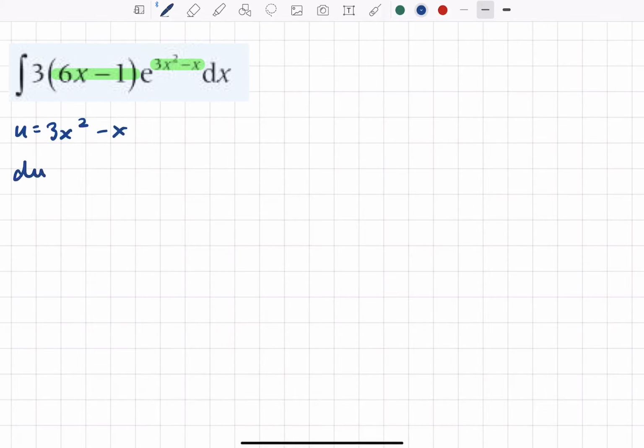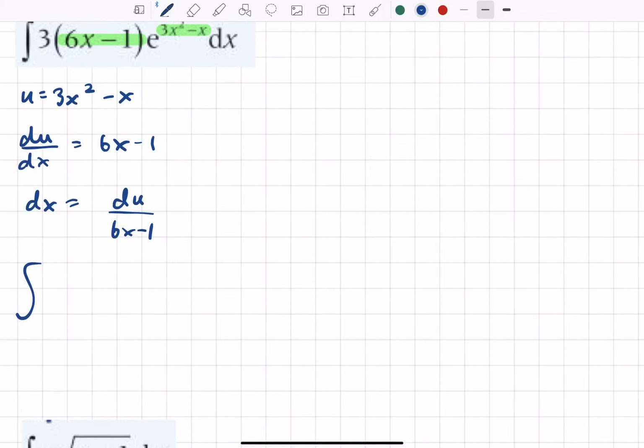Then we, of course, take the derivative, and we get that this is 6x minus 1. Right off the bat, you'll see that this will cancel out quite nicely because we have two 6x minus 1 terms, and we're going to be dividing by 6x minus 1. So if we work that out, dx is equal to du over 6x minus 1. And now we just do the simple substitutions.